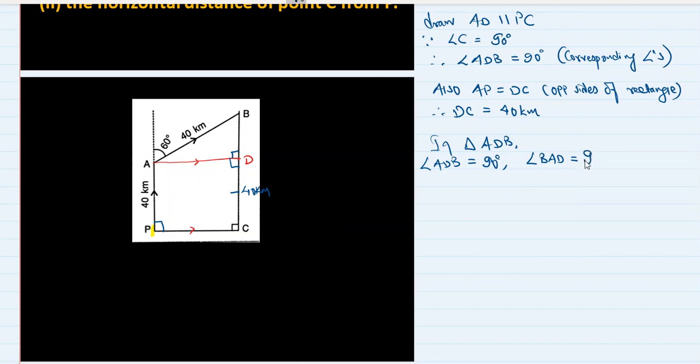I'll tell you why. See, this whole angle will be 90, right? Because AP is parallel to BC, and this vertical angle is 60. So how much does this angle become? This angle BAD becomes 30 degrees.